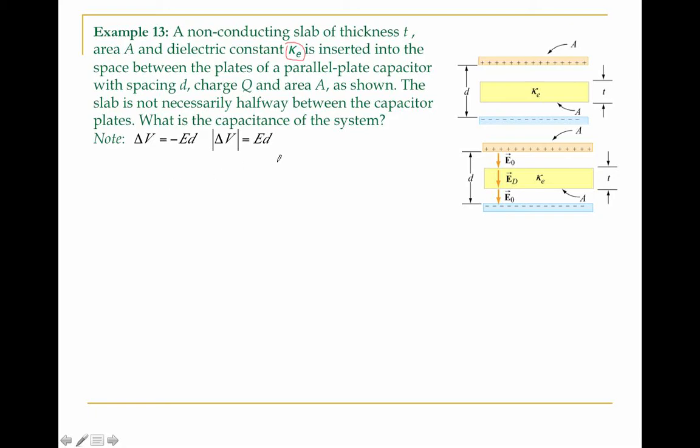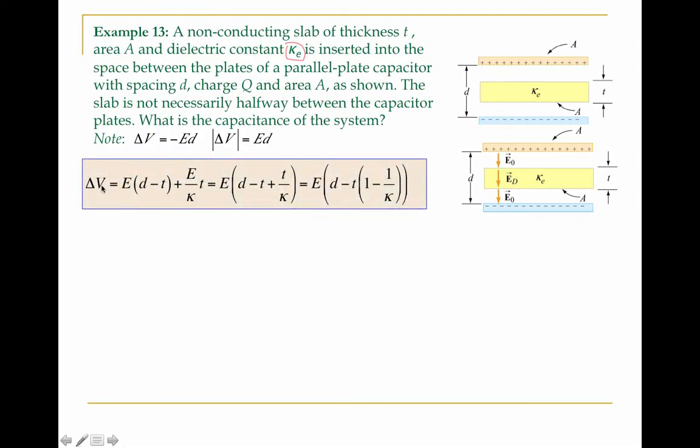So remember, if you look at this here, we have the electric field E0 here, E0 here, and in here it's E dielectric, which is E0 divided by kappa. All right, so let's put that in here. The delta V is equal to the electric field, well, I should really put E0 here, because I called it E0.